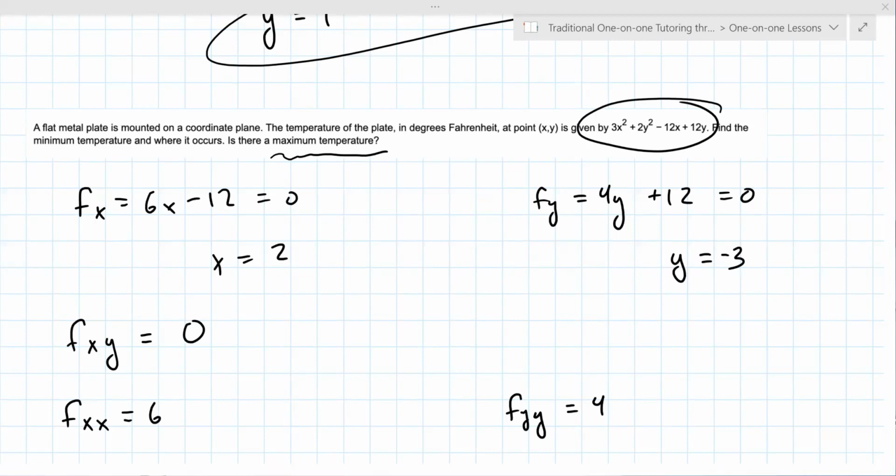X is 2, y is -3, and your function is 3 times x squared plus 2 times y squared minus 12 times x plus 12 times y, and you get -30.